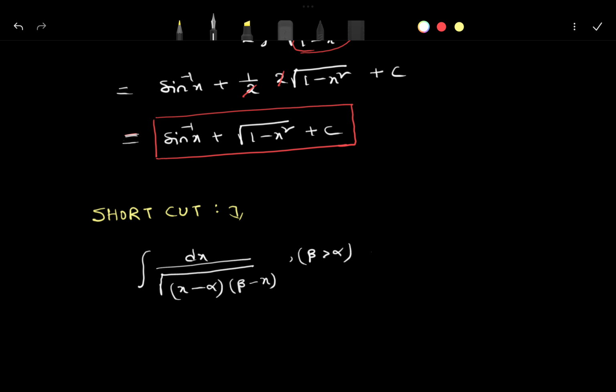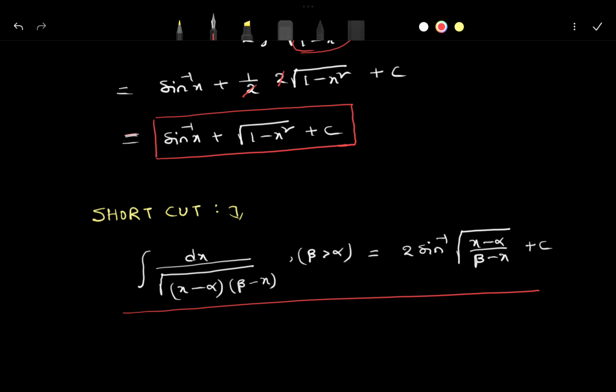This value will be 2 into sine inverse of square root of x minus alpha by beta minus x, plus c. See how you can use this one as the shortcut formula. So please remember, it is very important for the mains examination and KCET point of view also. It is one of the most important formulas.